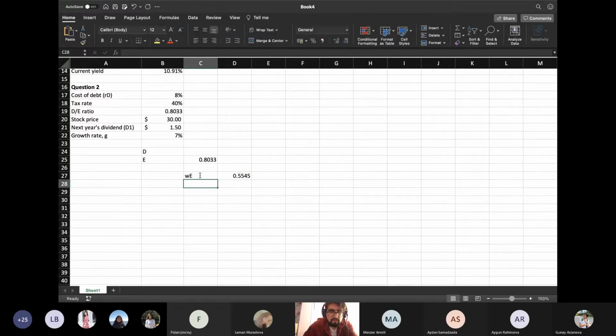And the weight of debt is 1 minus this amount. See, the sum of them is equal to 1.